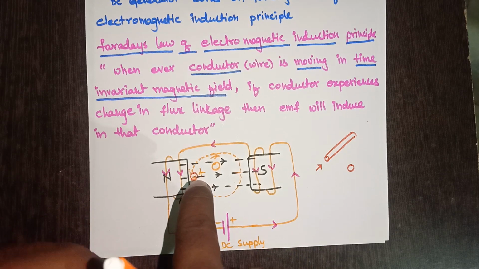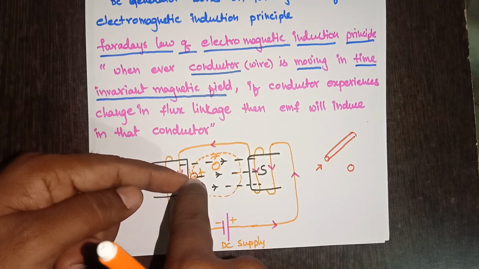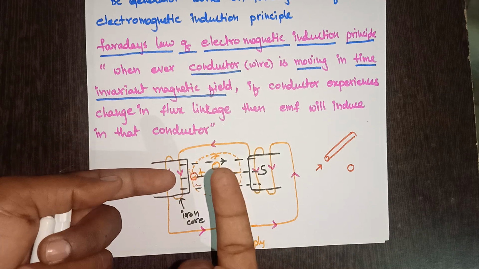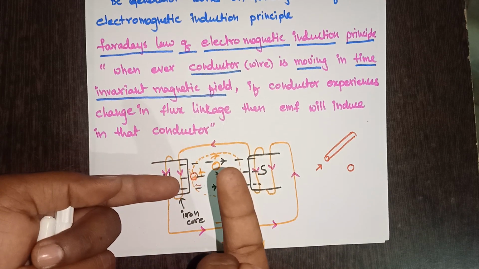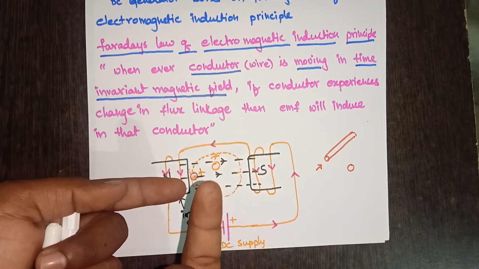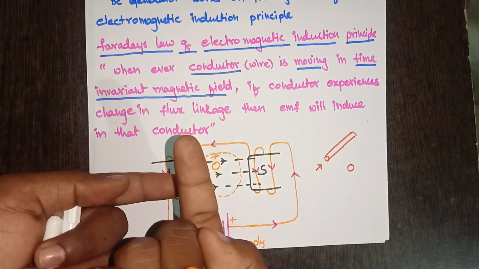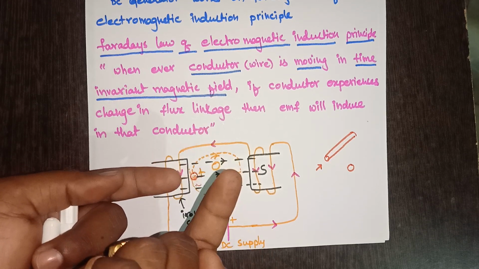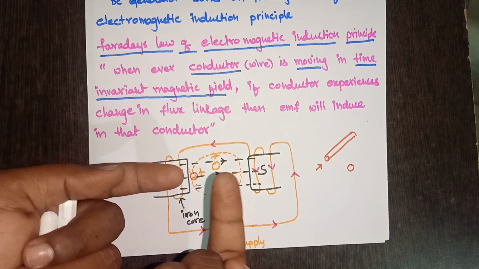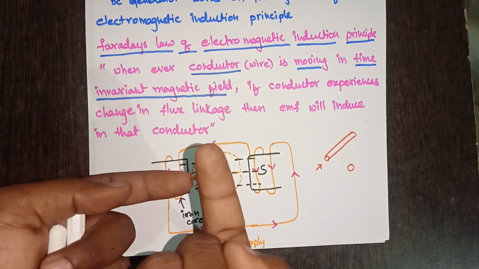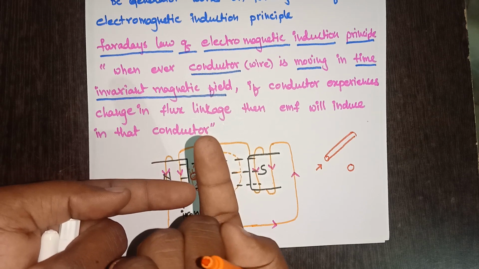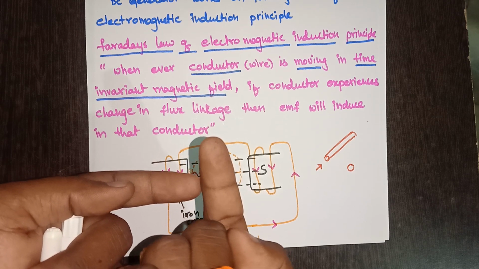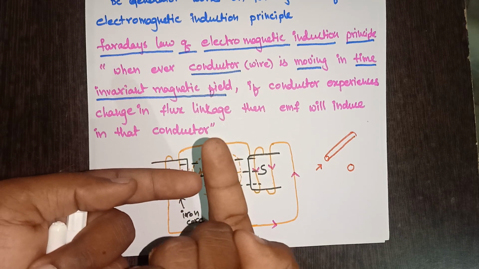When the conductor experiences a change in flux linkage, whenever there is an inclination, whenever there is an angle between conductor movement and flux direction, whatever the direction, it may be straight towards the top side, or it may be at some inclination. If any angle exists between the direction of flux and the movement of the conductor, then a change in flux linkage will exist.